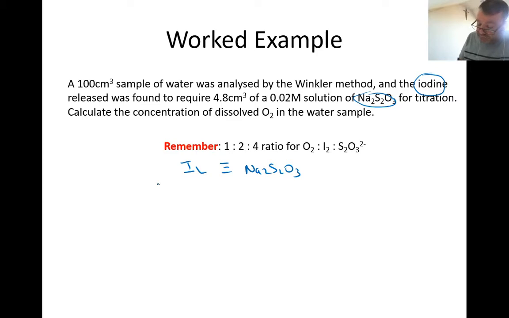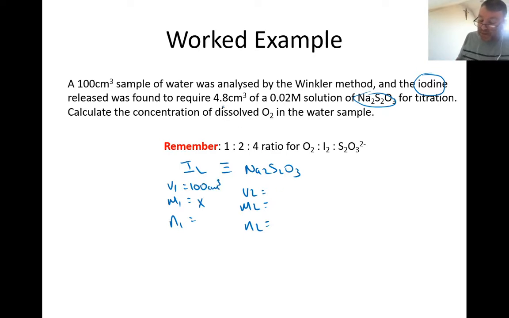So as always, you know it's a titration. V1, M1, N1, V2, M2 and N2. Okay. And everything except the concentration of iodine will be given. So how much iodine? 100 centimeter sample of water was analysed by the Winkler method, and the iodine, so 100 centimeters cubed.